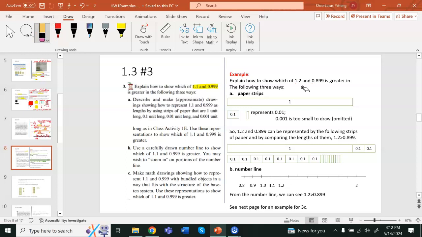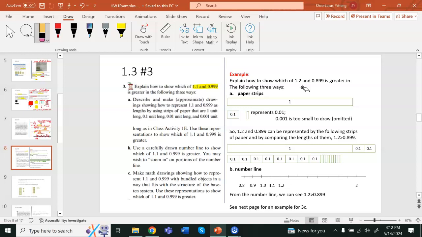But before students learn these, we can use objects so they can visualize 1.2 is either longer than 0.899 as paper strips, or 1.2 has more toothpicks than 0.899 if we use bundled objects.